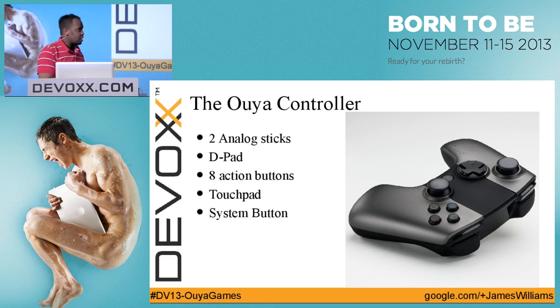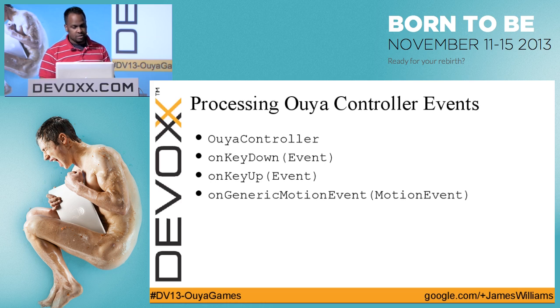So another thing is the Ouya controller. Like I was saying before, it has 2 analog joysticks, D-pad, all these buttons, cool stuff, but you can't use it with your computer. But the other thing, where's that slide? I don't remember where the slide is. You can use PS3 and Xbox controllers with Ouya, and you can use those in play-in games, so that makes it kind of awesome.